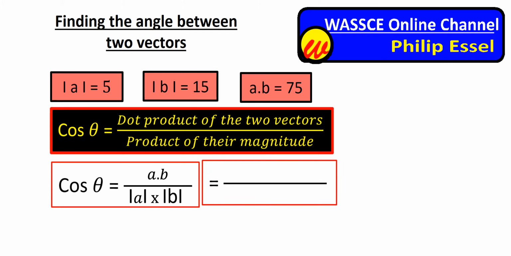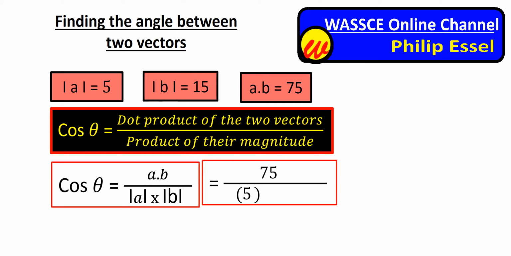So at this point we'll just substitute our numbers into the formula. Our dot product is 75, so let's write it down. That will be divided first by the magnitude of vector A, which is 5, so let's write that down.